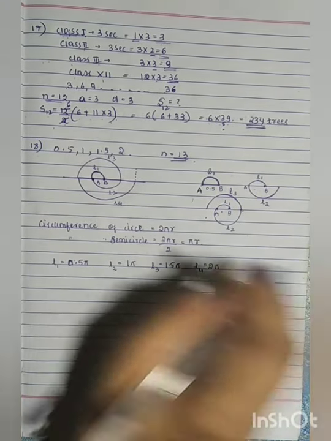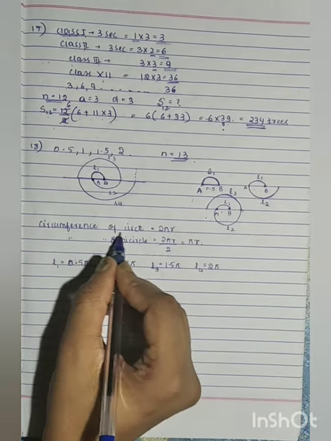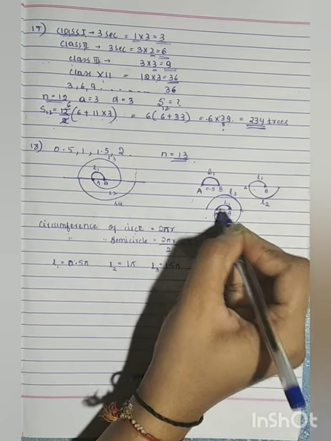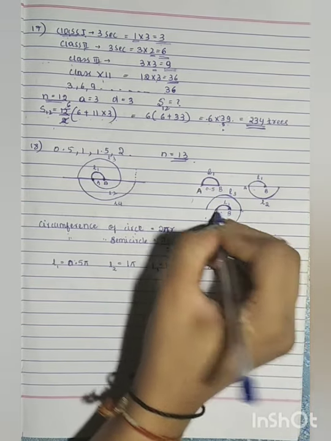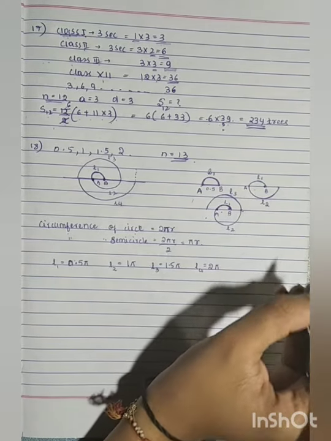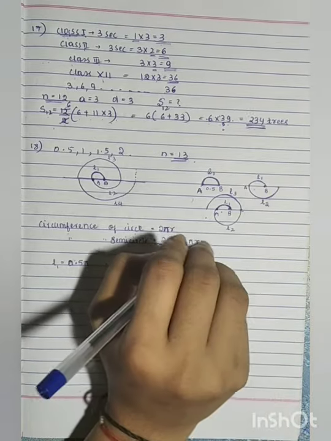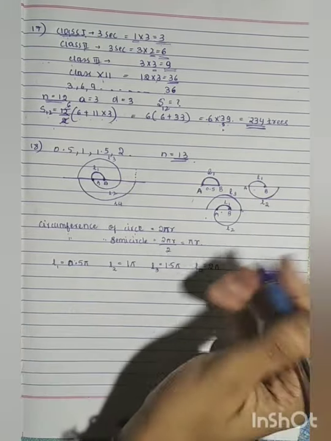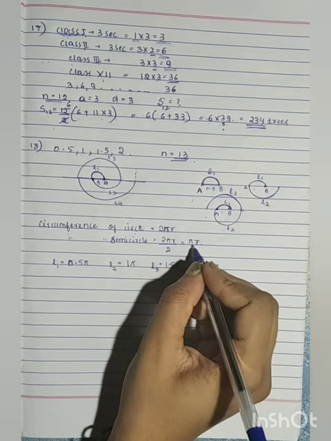Here the circumference of a circle is 2 pi r. But here it is only a semicircle, so we will divide it by 2, because it is only a half circle. 2 pi r divided by 2 is nothing but pi r.